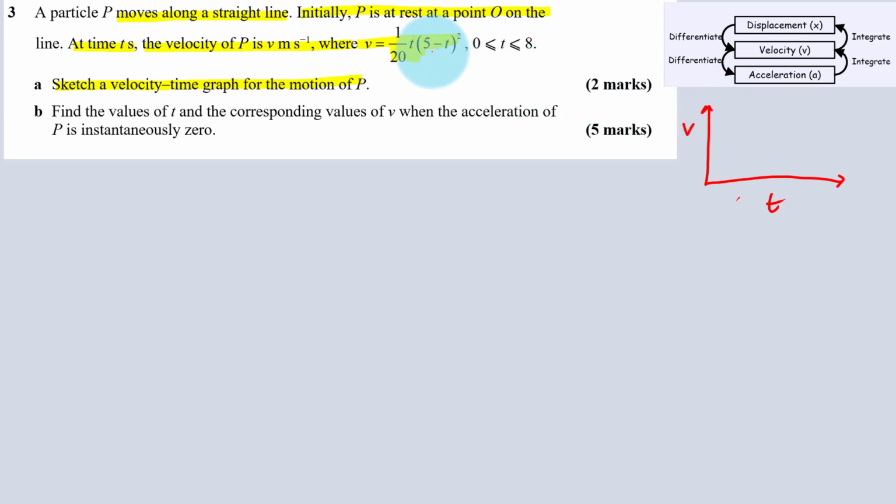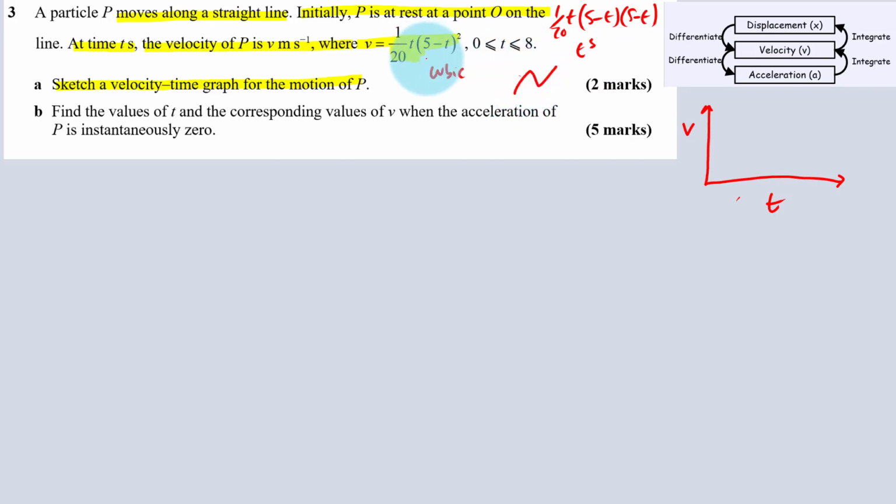Now if we expand this out, we can see this is a cubic. Now you've got to think minus t times minus t, because obviously this is going to look like this, and 1 over 20t. That's going to give us a positive cubic, which we know is this shape.